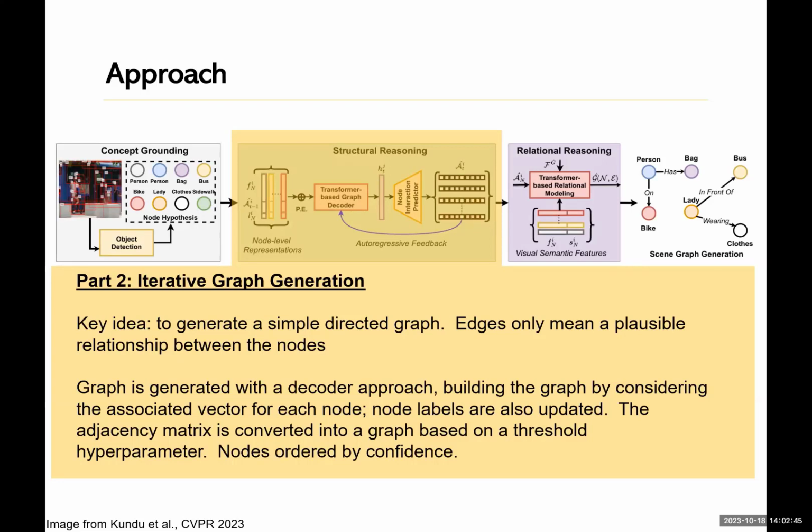I think we'll have some other slides on this, so we'll go back to it. One thing is this approach results in an adjacency matrix over nodes, and then they have a thresholding parameter where any relationship in the adjacency matrix above the threshold is kept.